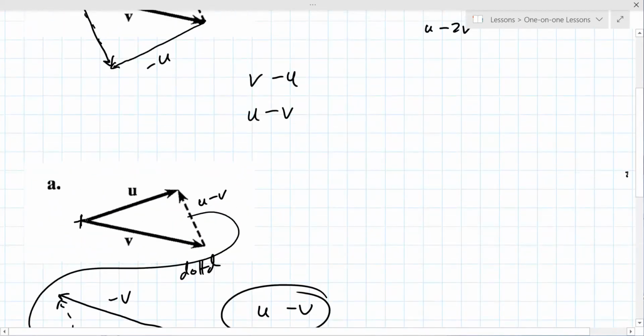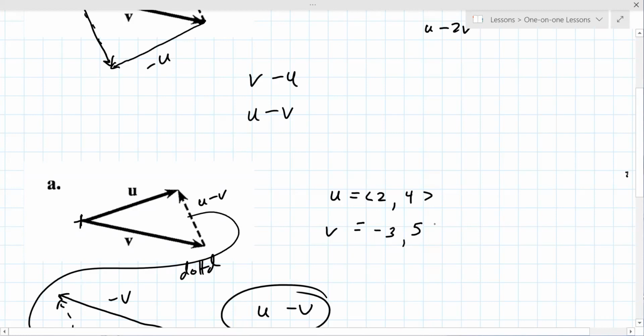Let's say that this is the origin. We have to make the numbers work, but let's say u is up 2, right 4, and v is down 3, and then right 5.